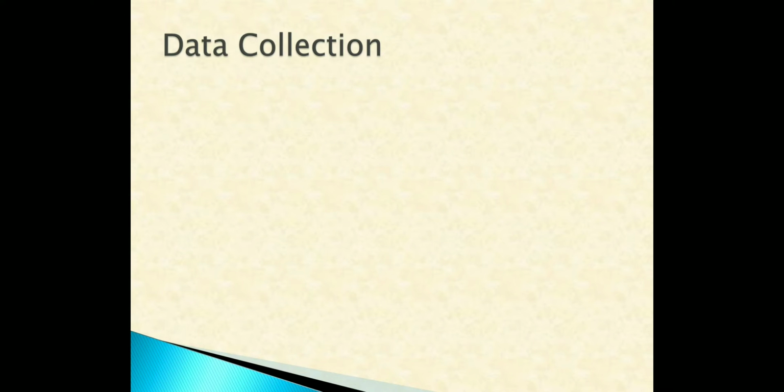So let us do some data collection. The data collection reads as under: work done by A in 1 day. We all know that A takes 6 days to complete the work, and therefore work done by A in 1 day is equal to 1 by 6.